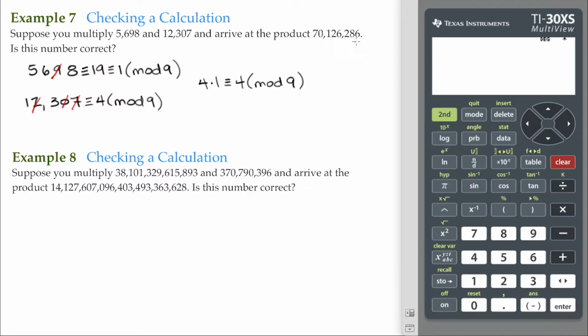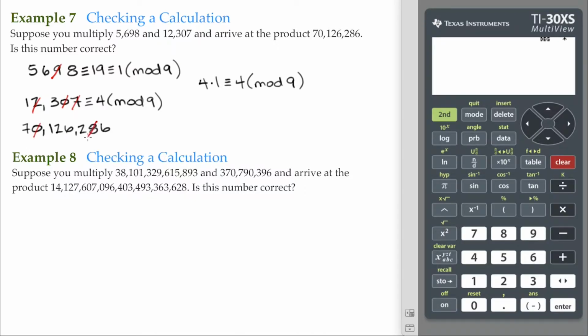So that should be the same for the 70,126,286. I should come up with a remainder of 4. So we'll check it out. 70,126,286. We'll cast out our nines. We'll get rid of the 0 here.